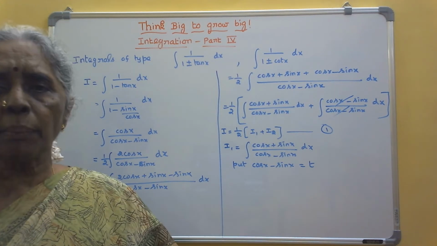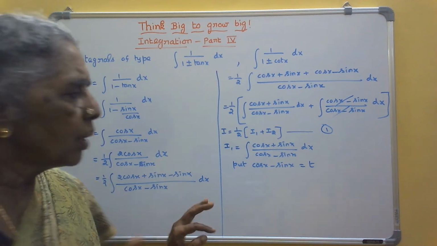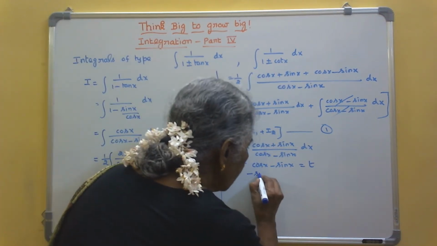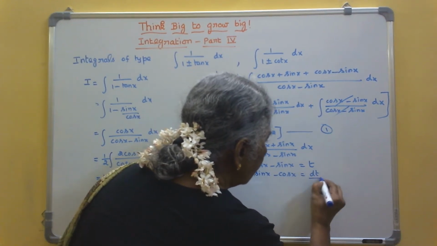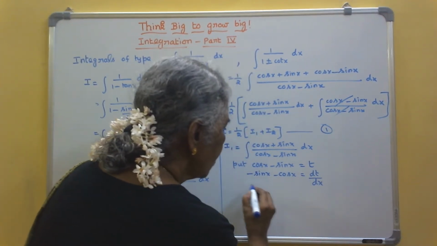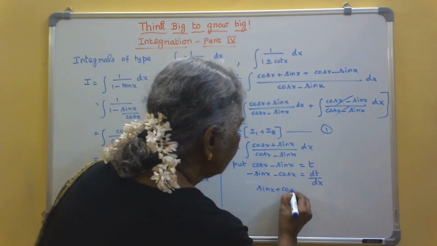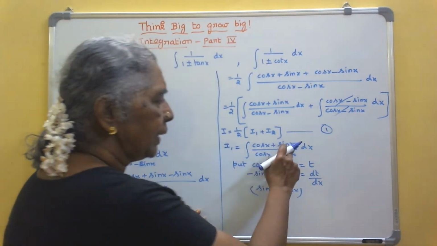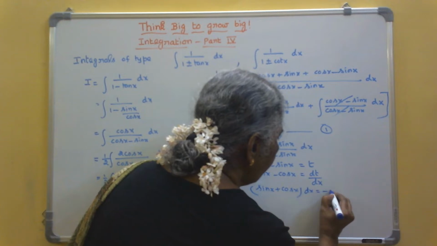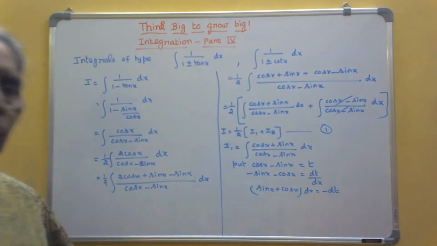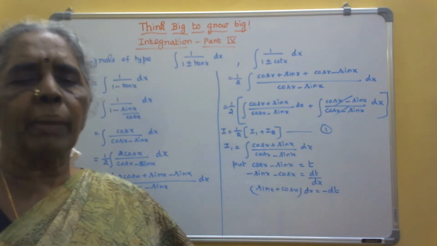So if I take a minus sign out, I will be getting the numerator as the dt part. So now I am differentiating: minus sin x minus cos x is equal to dt by dx. So I will write this as sin x plus cos x, or cos x plus sin x, both are same. The dx I will bring here, the minus I will take here. Do you follow what I have done?